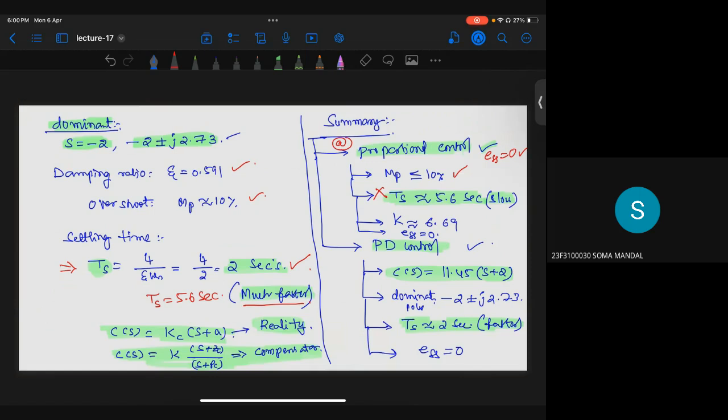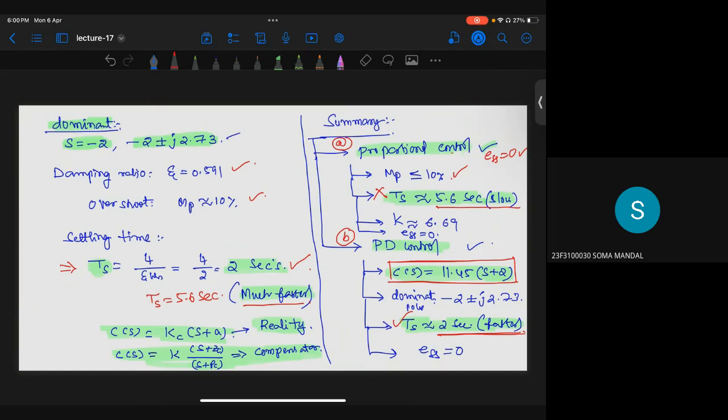For that reason, we proposed a PD controller to reduce the settling time without disturbing these two. This is the proportional derivative controller expression we got. These are the dominant poles. It results in reducing the settling time from 5.67 seconds to 2 seconds.